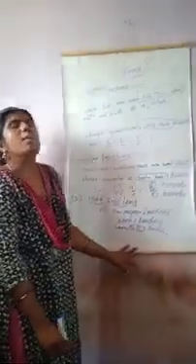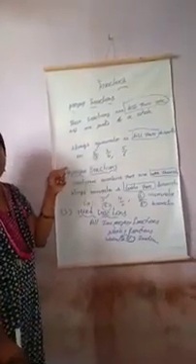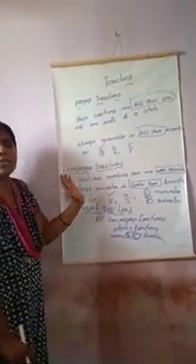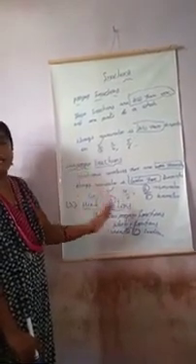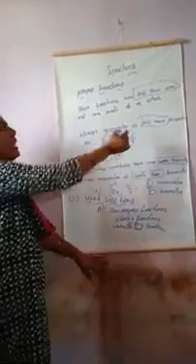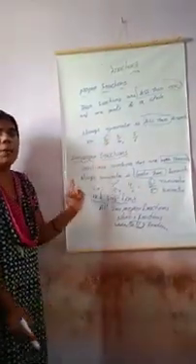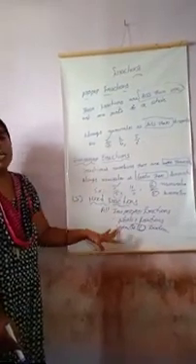Is it clear? There are 3 types of fractions: proper fraction, improper fraction, mixed fraction. In a proper fraction, the numerator is less than the denominator. In an improper fraction, the numerator is greater than the denominator.